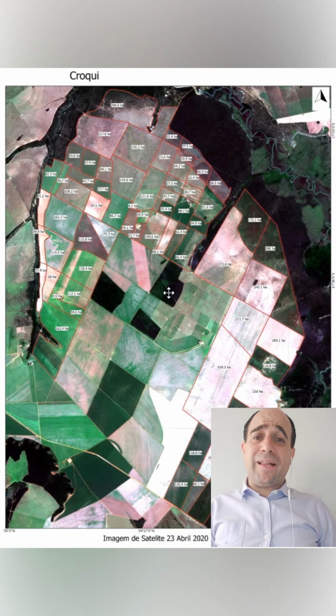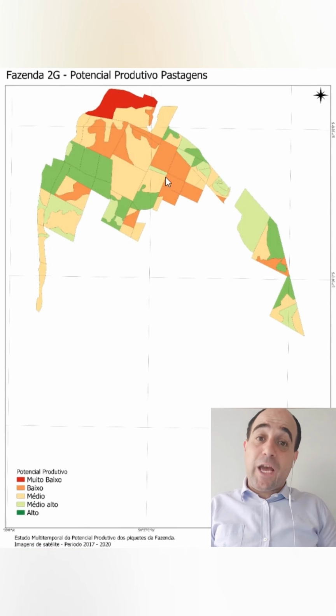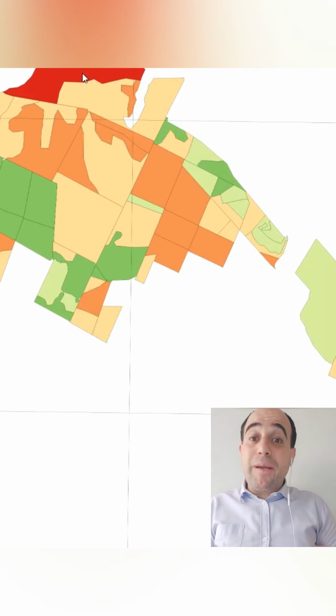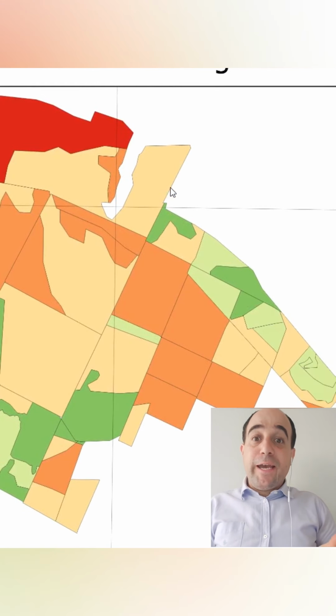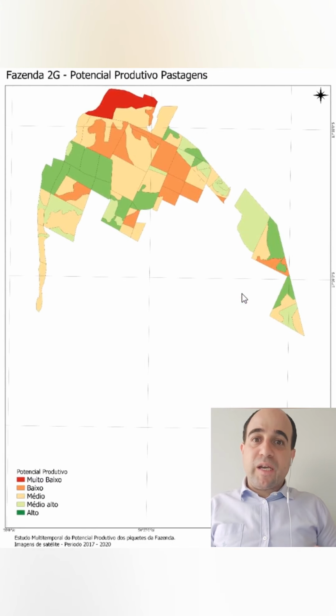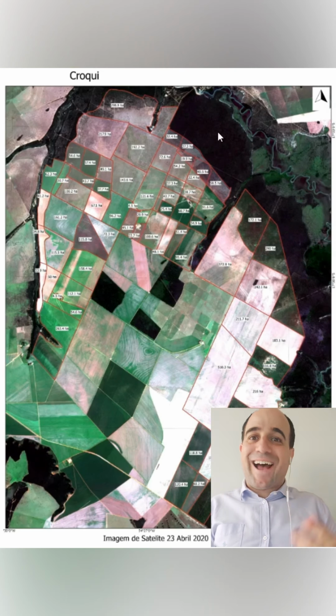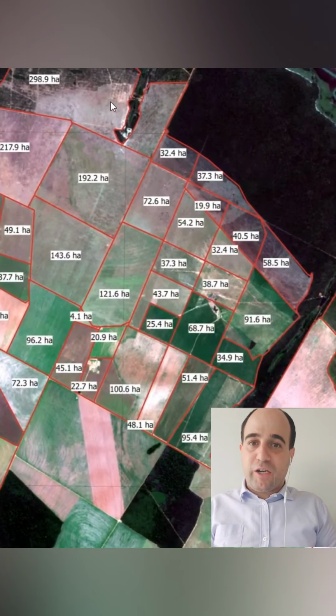Using a developed algorithm, I determined the different parts of the farm and the potential productivity of each of their fields. This information is extremely important because with it, he can have a better sense of his farm, because initially he only had his eyes, his feeling and his knowledge.